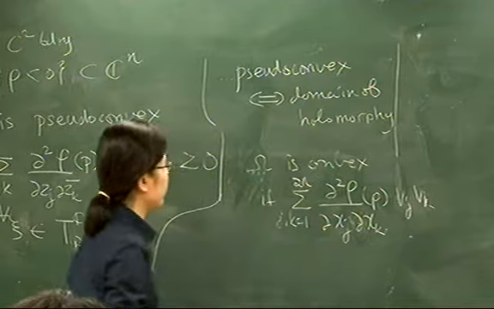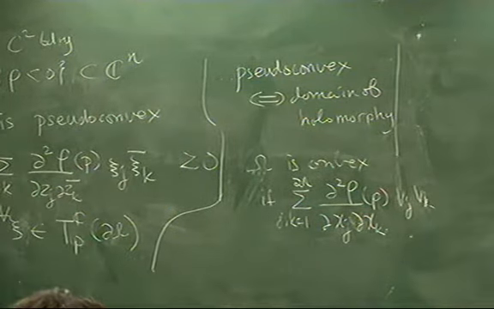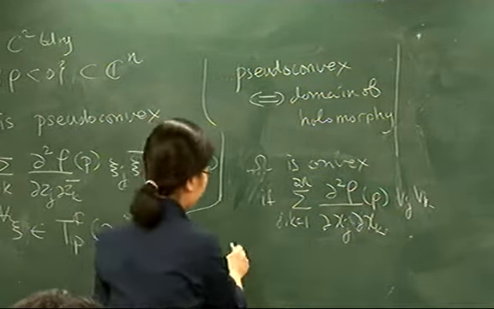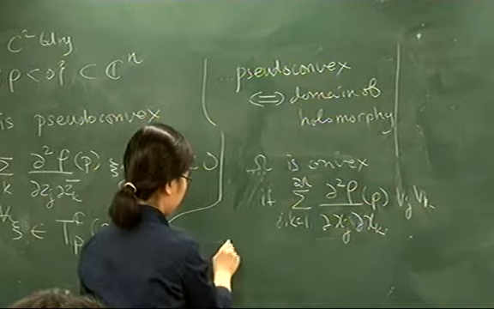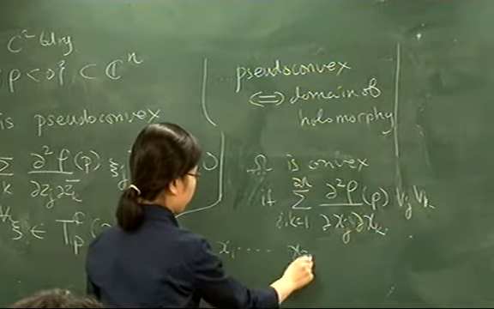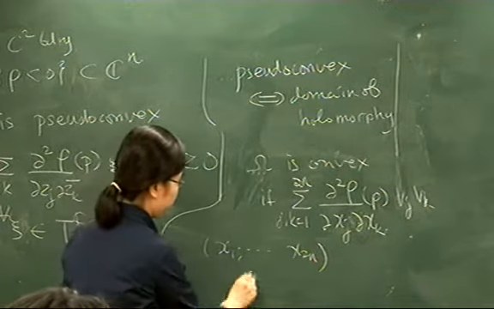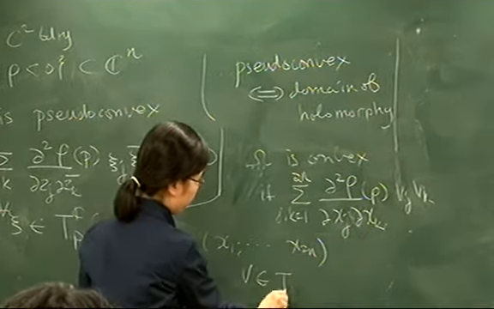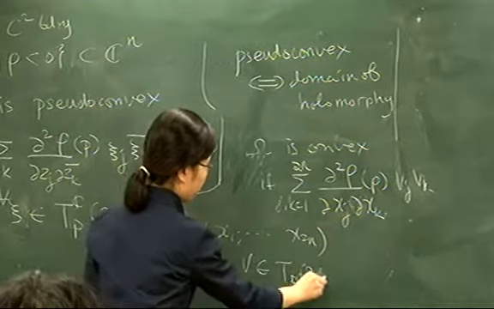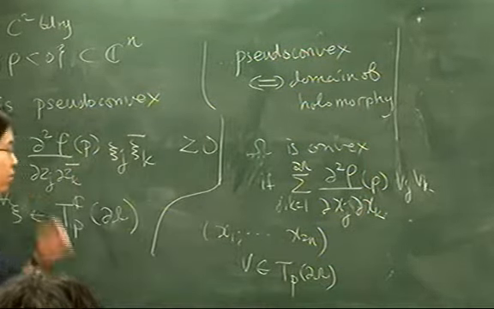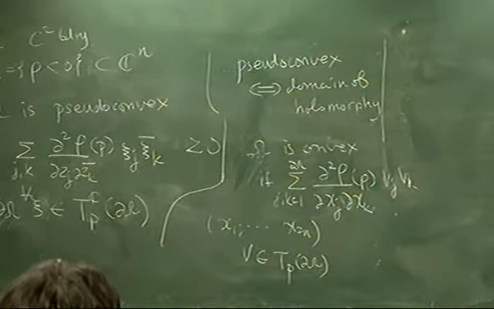So omega is in C^n, so it's in real 2n dimensions, and x_1 through x_2n are the real coordinates, and v is in the tangent space T_p. Then we call it convex.